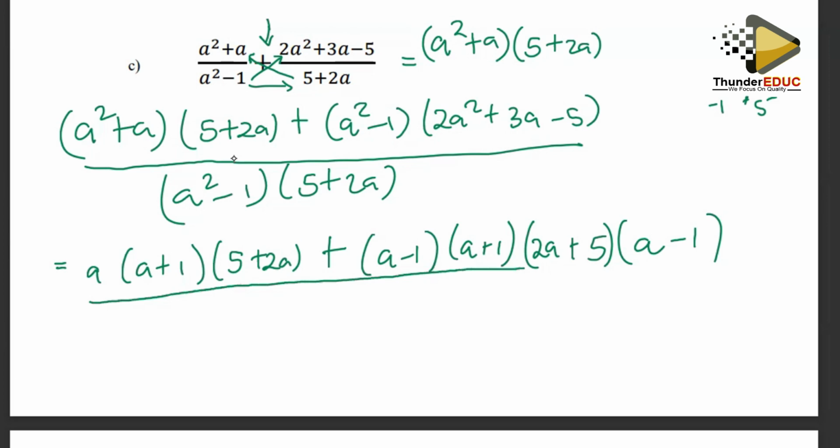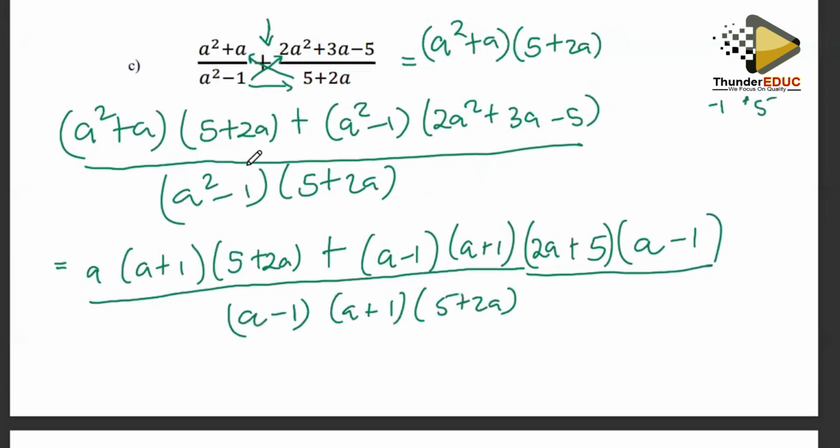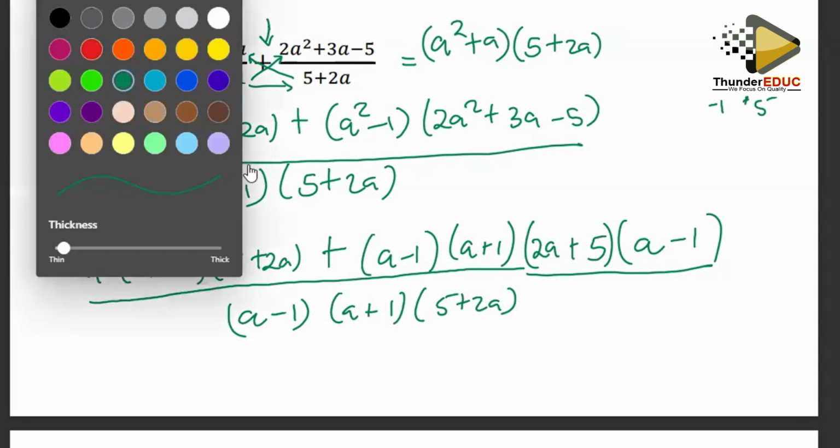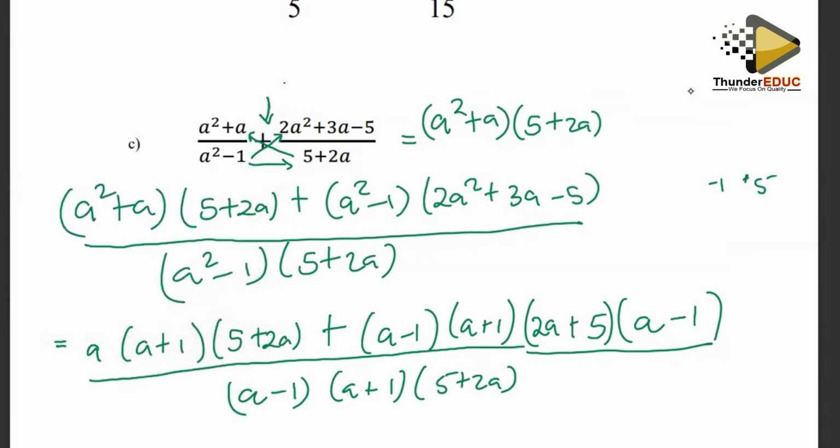Then this is all over a squared minus, okay, I can say a minus 1, a plus 1 into 5 plus 2a. All right, then what's going to happen next is for me to take out what I feel is common. With the first term, I can see a plus 1 and then the 5 plus 2a.